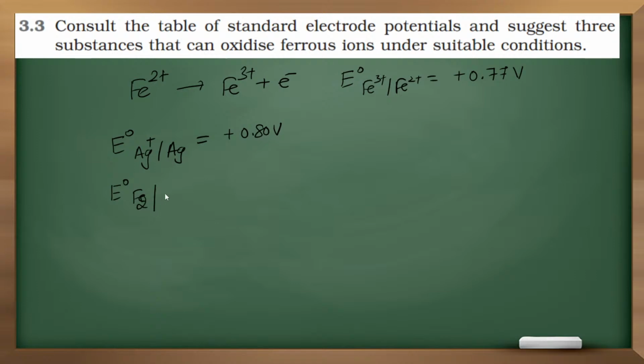Fluorine, yes beta. What is the value? Plus 2.87. That means fluorine can oxidize. Then chlorine can oxidize, 1.36 volt.